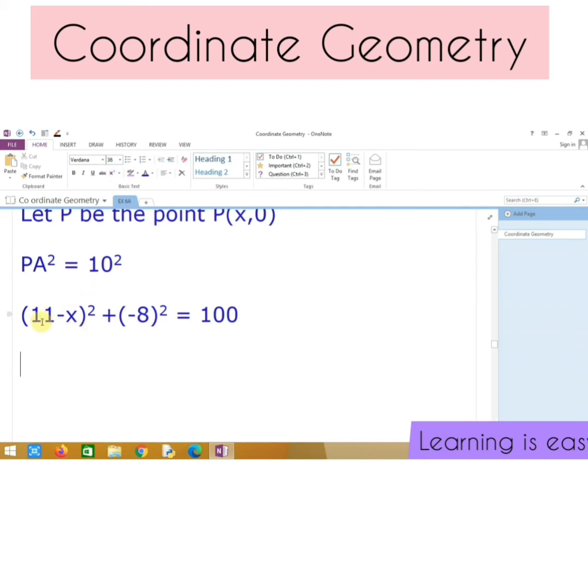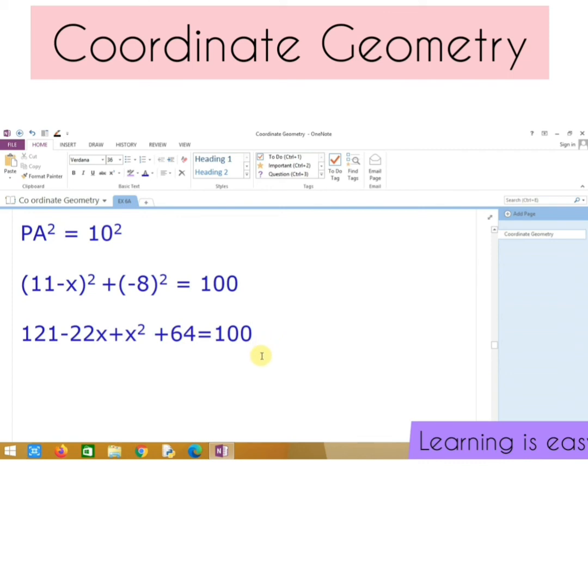So 11 minus x, a minus b whole square, 121, 11 square, twice 11 is minus 22x plus x square plus 64 equal to 100.